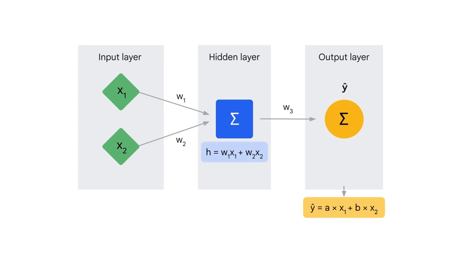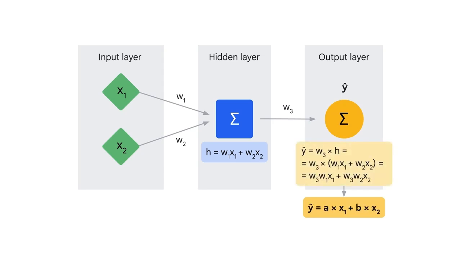Let's walk through this for clarity. Without the activation function, the value of the hidden layer h equals a total of w1 times x1 and w2 times x2. Please note that to make this illustration easy, we ignored the bias component b, which you often see in other ML materials.